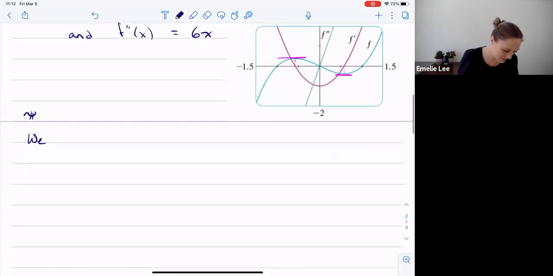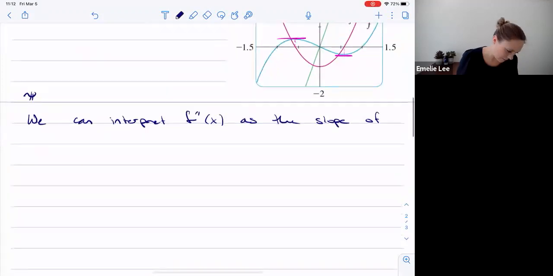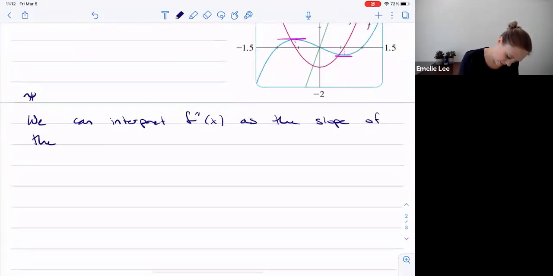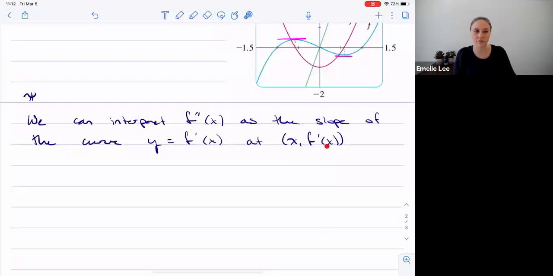So we can interpret f double prime of x as the slope of the curve y equals f prime of x, the derivative, at some point x. Remember, we're just swapping out the original function for the derivative if we're talking about the second derivative.